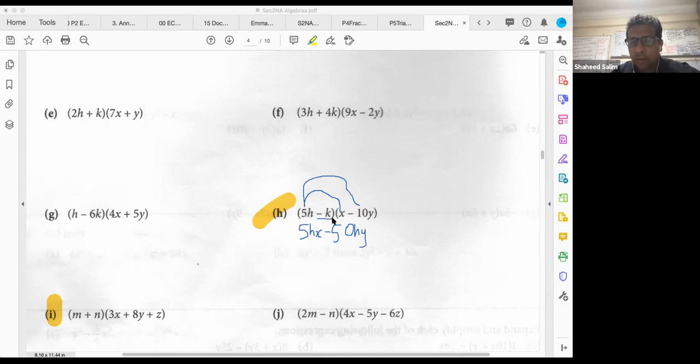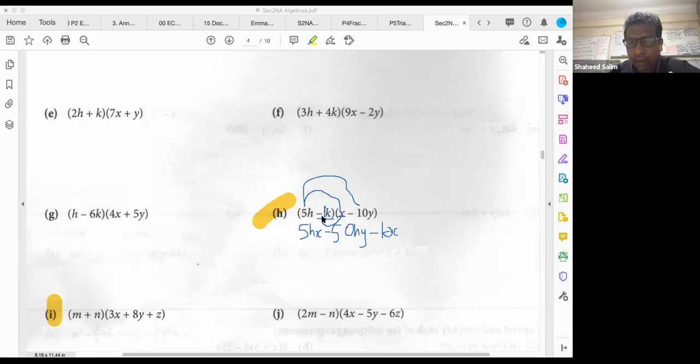Now the next one. This times this. Minus, K times X, KX. Minus times plus, minus. Now the next one. This is 1K, just like X is 1X.